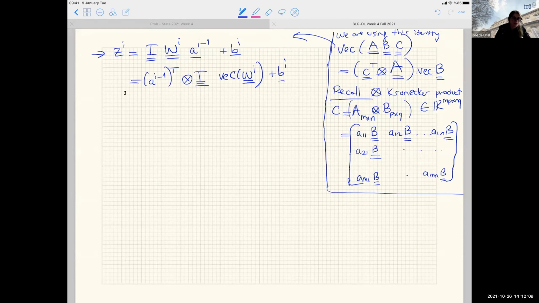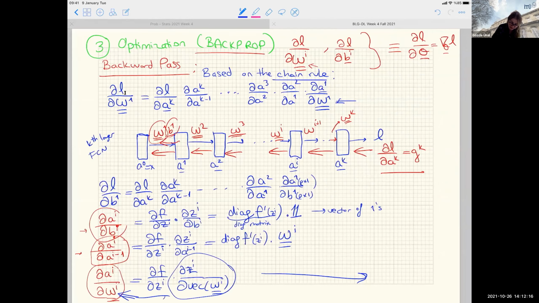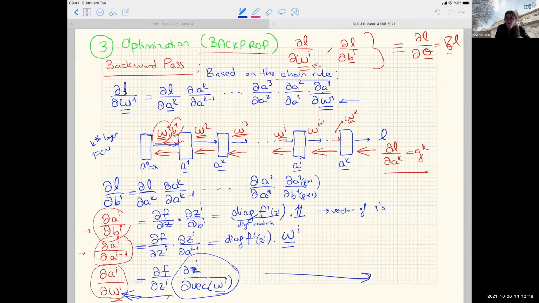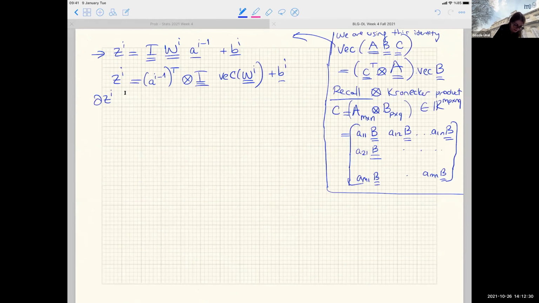Zi. And now I can do del Zi. Remember, why am I doing this? I needed del Zi, my activation before the nonlinearity. I need to take its derivative with respect to the weight matrix here, a huge matrix, but I vectorize it. Now I can take the derivative by del vec Omega.